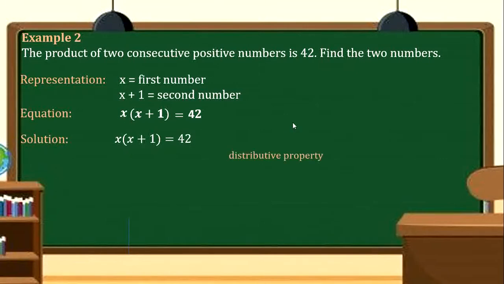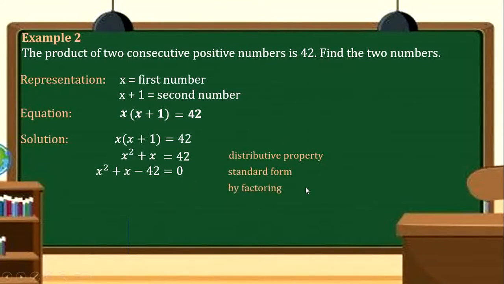So, by distributive property, we have x times x, so we have x squared. And then, x times 1, so we have x, so plus x equals 42. So, for its standard form, we have x squared plus x minus 42 equals 0.